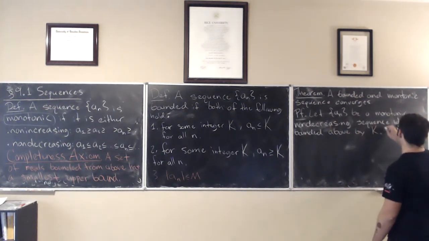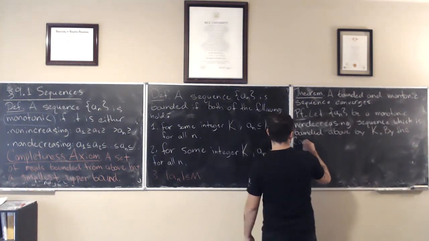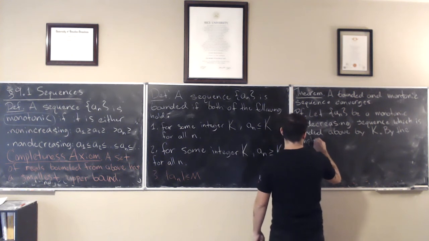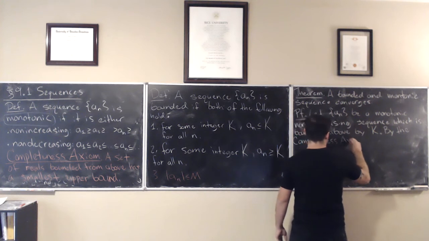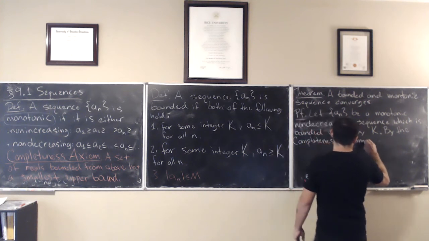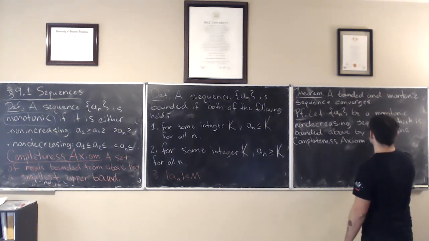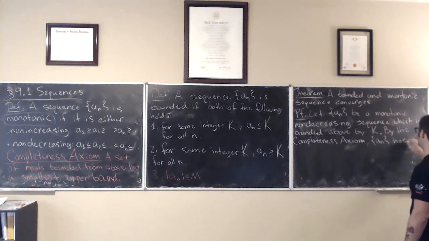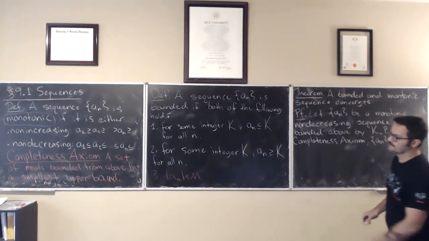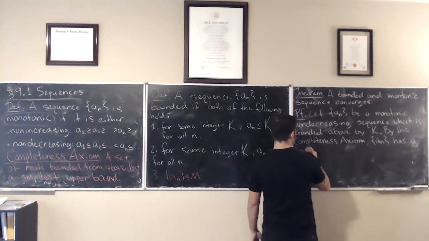So by the completeness axiom, this collection of real numbers, this sequence, has a least or smallest upper bound. Call it L.